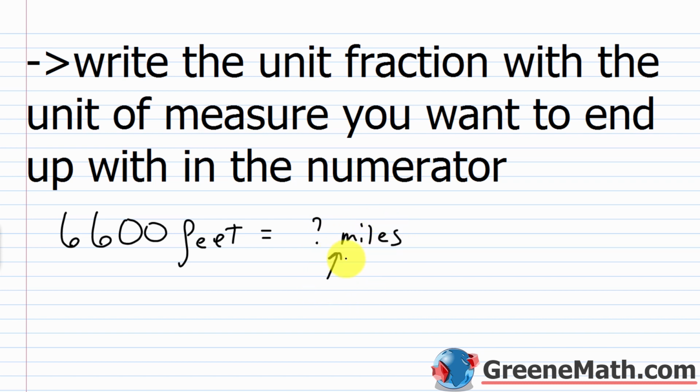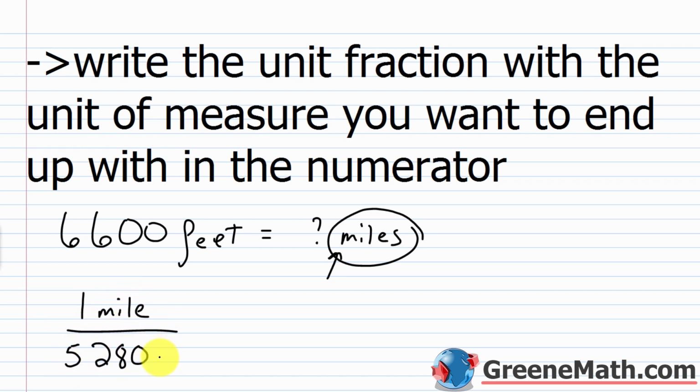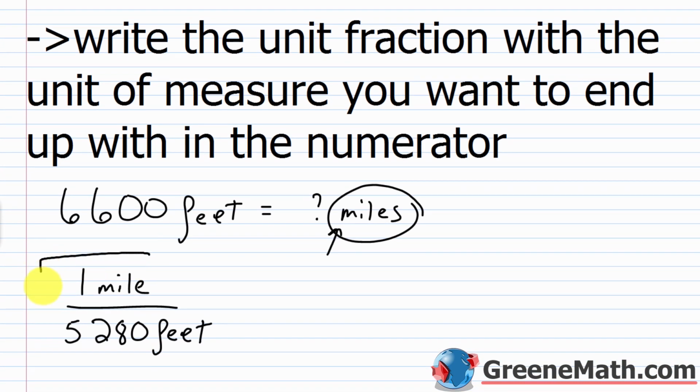So the unit I want to end up with is miles. This is what I'm trying to get to. So I'm going to write the unit fraction, again, with the unit measure you want to end up with in the numerator. So because I want miles in the numerator, I'm going to have 1 mile over 5,280 feet. This is my unit fraction. Remember, this has a value of 1. And it's just about taking the relationship between the units and putting, again, the units that you want to end up with in the numerator. I want to end up with miles in the numerator, so that's why I wrote it this way.